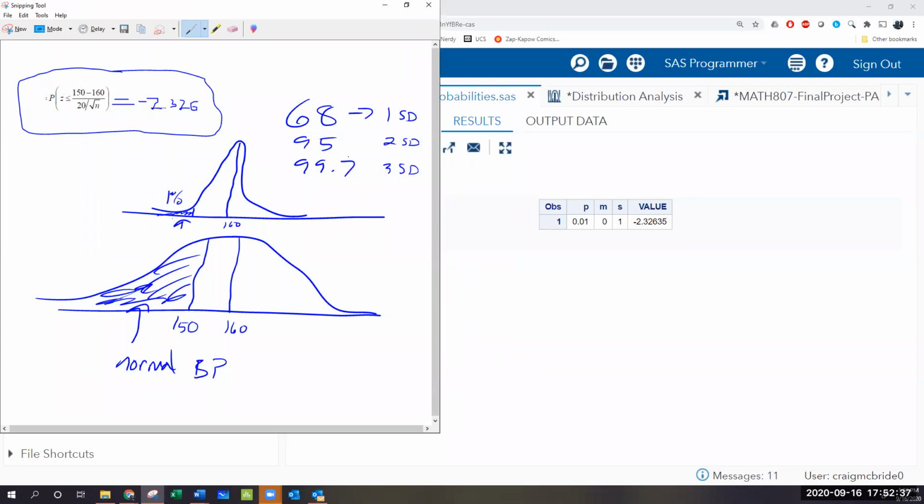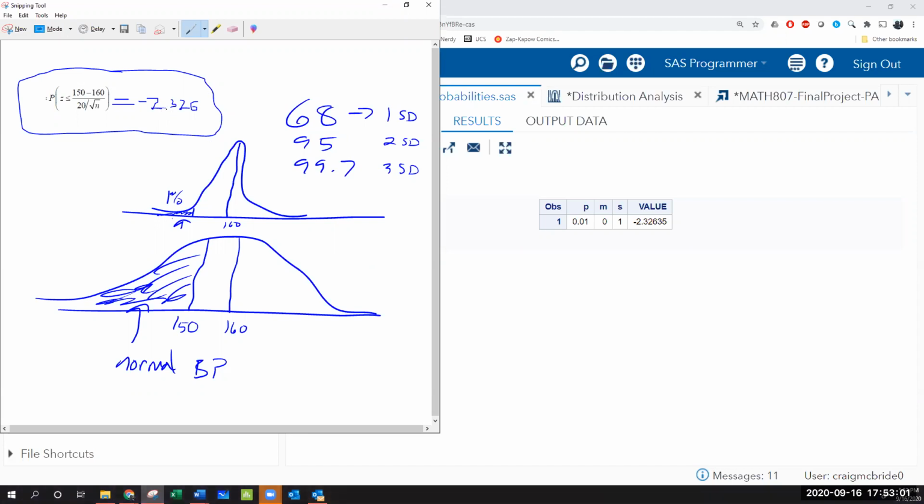So you can see that if we go out 2 standard deviations, we got 95, which means there's 2.5 below and 2.5 above. So we know that it has to be a little bit more than 2, but definitely less than 3, because if we go 3 in both directions, we only have 0.3% or 0.15 in each tail, and we want 1%, not 0.1%, right?